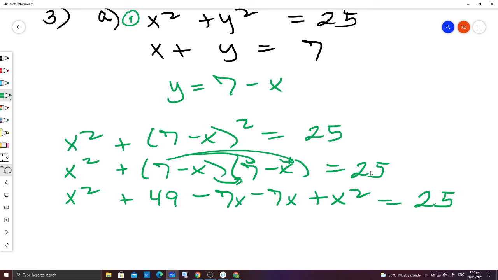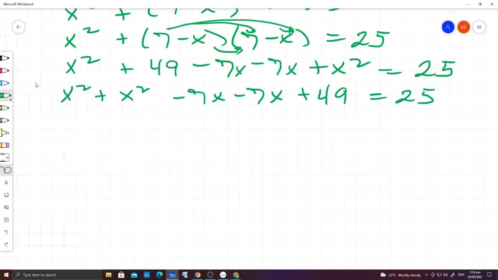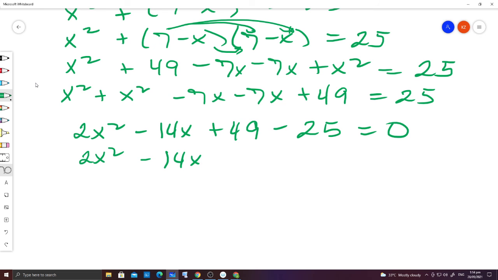So let's rearrange. We have x squared plus x squared minus 7x minus 7x plus 49 equals 25. So we have 2x squared minus 14x plus 49 minus 25 equals 0. Plus, how many is this? 24.